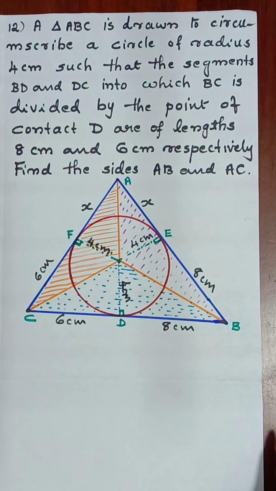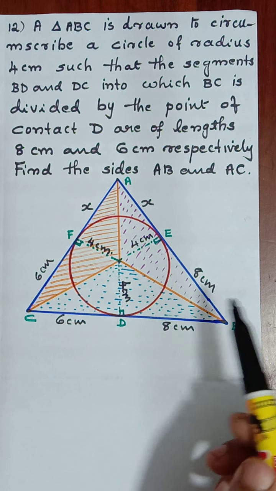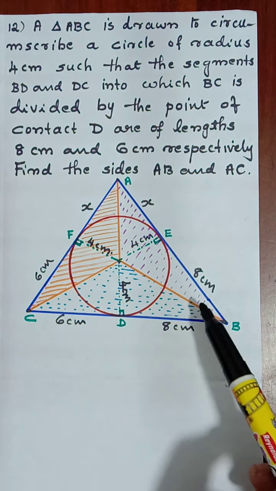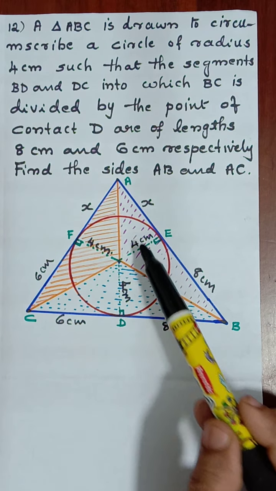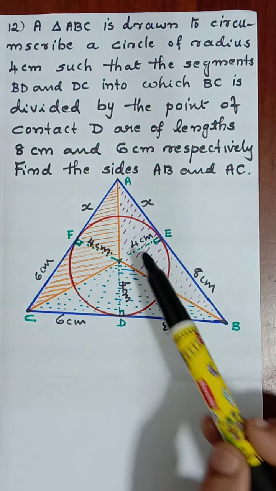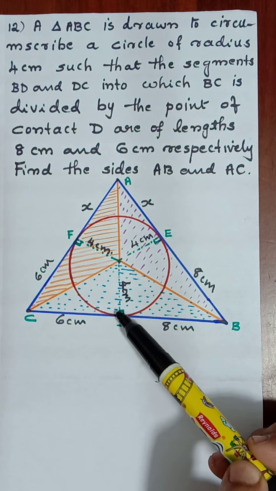Only 2 more questions are remaining in this class. This is the 12th one. We can see the triangle. Triangle ABC is drawn to circumscribe a circle of radius 4 cm. So this figure is given to us. Radius 4 cm I have marked in the figure.